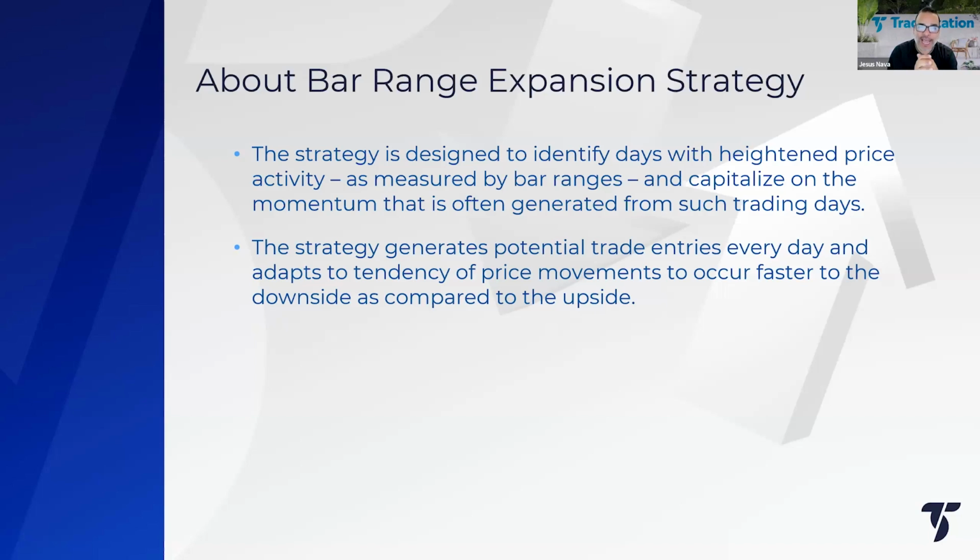It calculates an average of how big the bars have been from high to low, and if that average is exceeded by a certain amount, then that's our rule to enter. Since we already know what the average range is, every day the strategy is ready to place a trade. It's just waiting for that movement in either direction, either to the upside or to the downside, to meet our conditions.